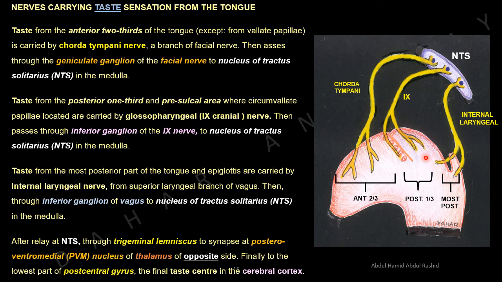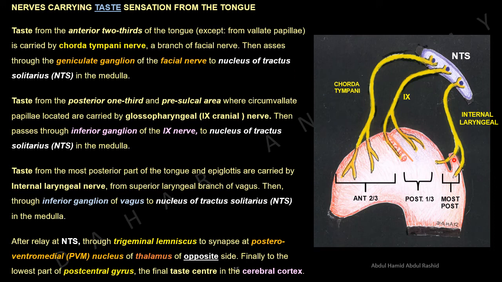Taste from the posterior 1/3 of the tongue, including the pre-sulcal area in front of the sulcus terminalis, is carried by the glossopharyngeal nerve, that is the 9th cranial nerve. Then it passes through the inferior ganglion of the 9th cranial nerve to the nucleus of tractus solitarius (NTS) in the medulla.